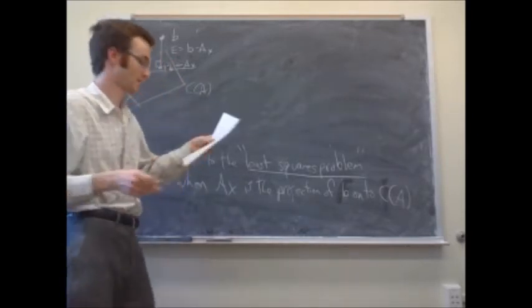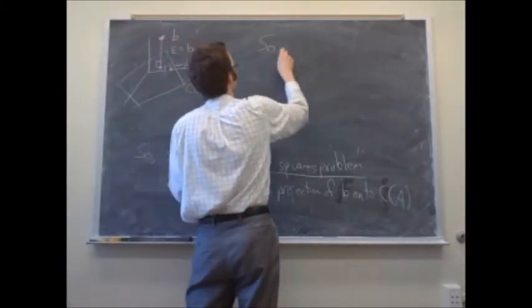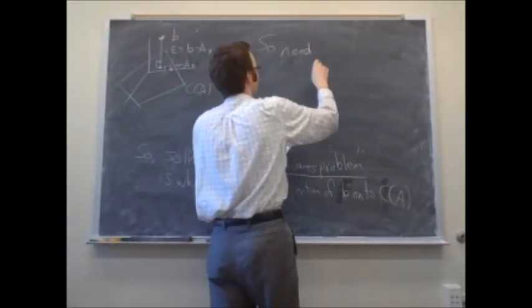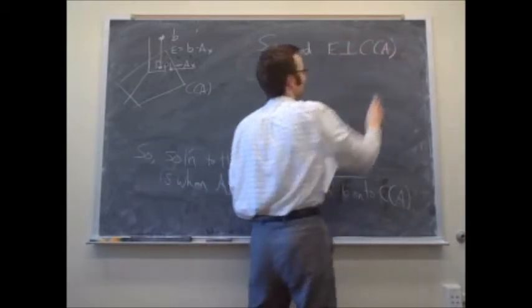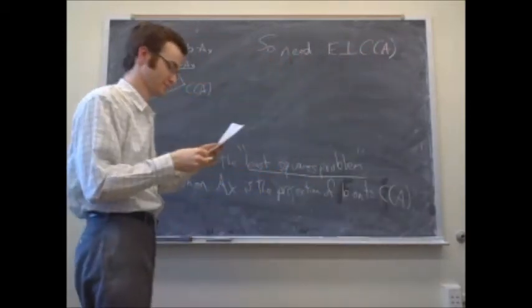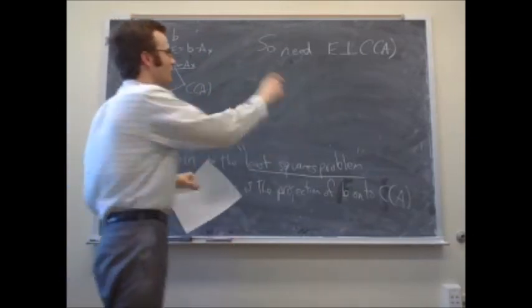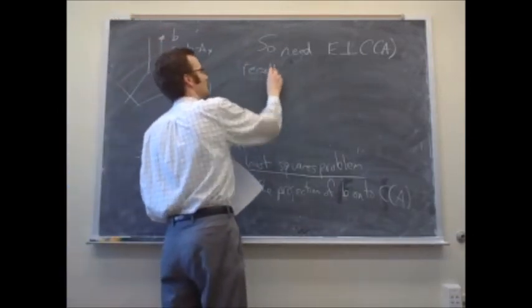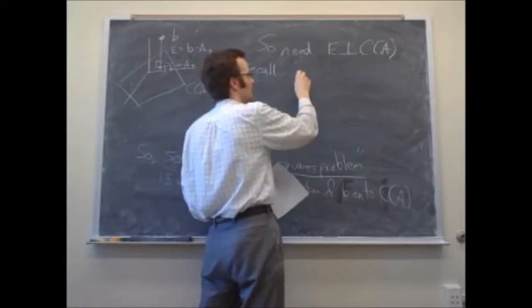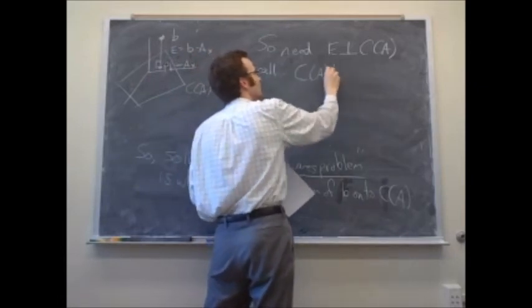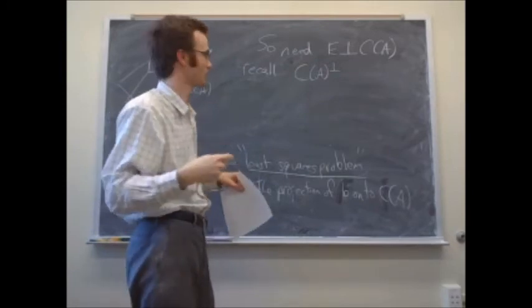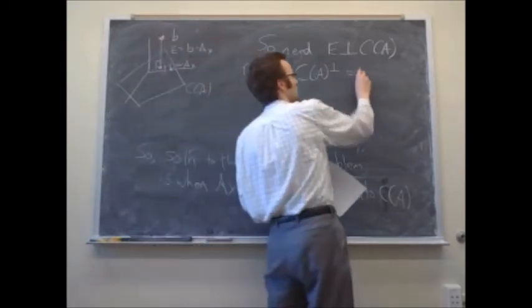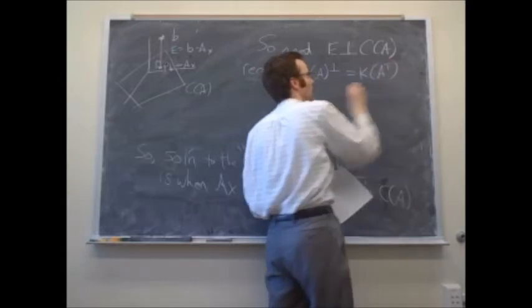So we need that the error is orthogonal to the column space of A. But recall that the orthogonal complement of the column space of A is equal to the kernel of A transpose.